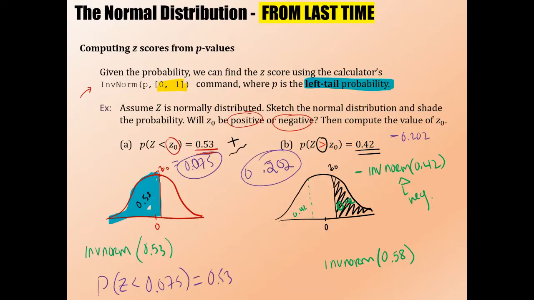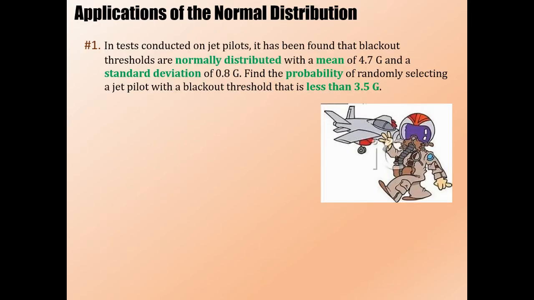So now that we've had a brief review, let's take a look at a few applications, 3 to be specific. In tests conducted on jet pilots, it's been found that blackout thresholds are normally distributed with a mean of 4.7 and a standard deviation of 0.8.